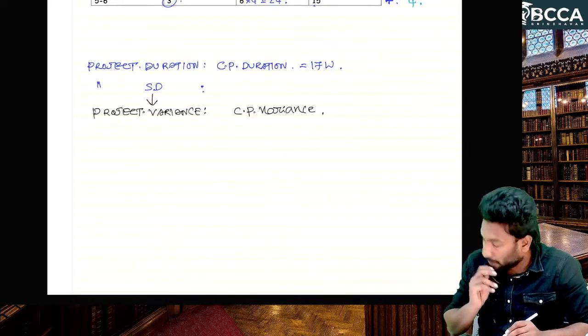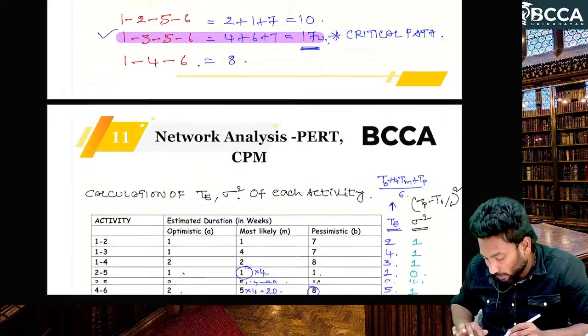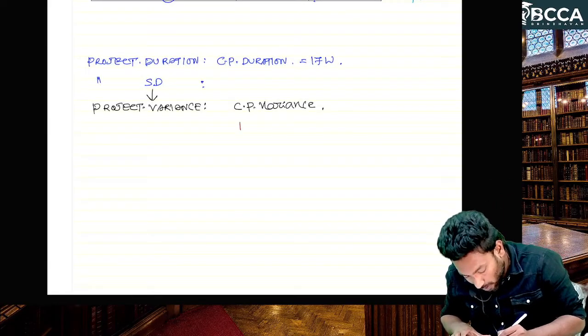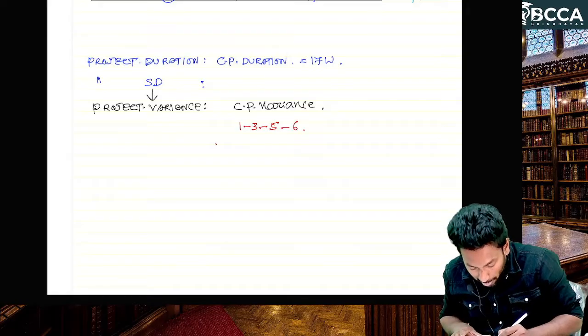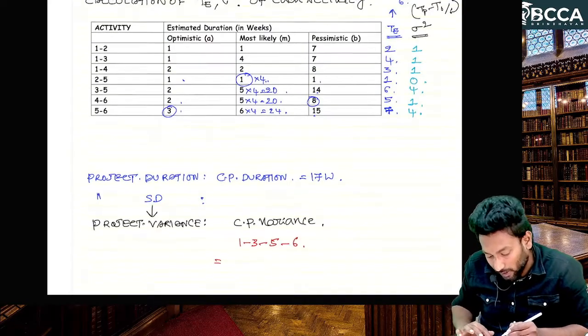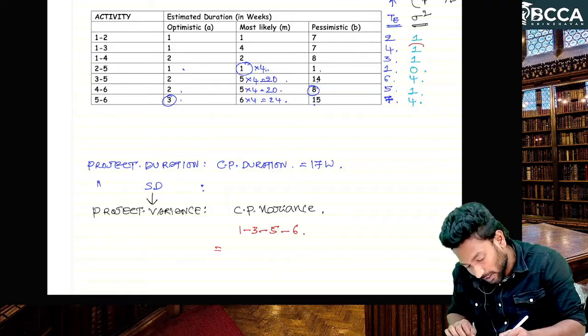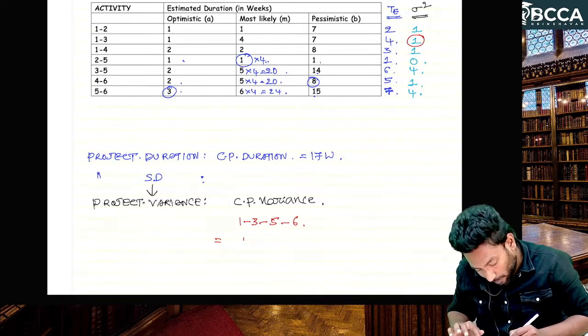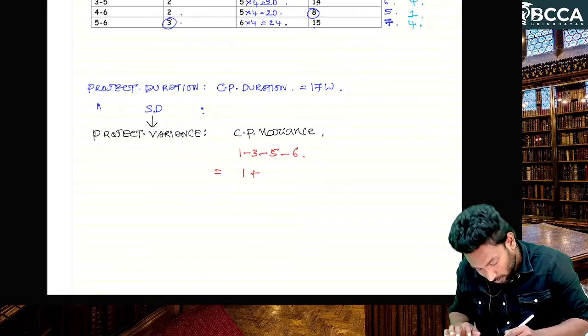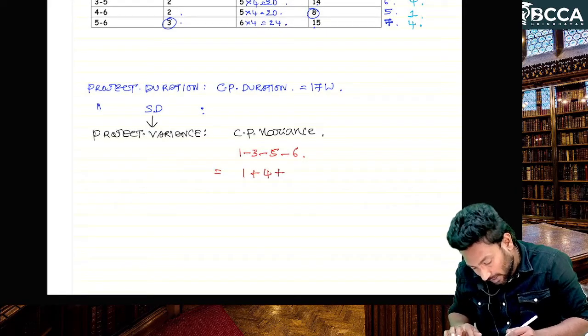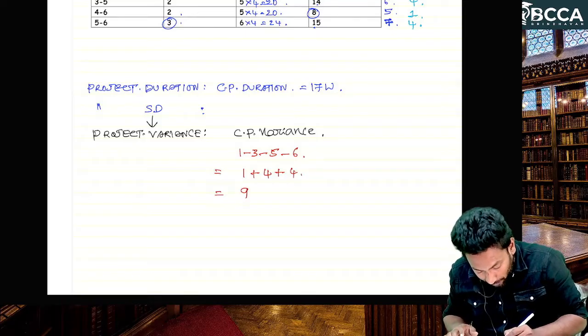What is the critical path here, sir? 1 3 5 6, right? For each activity, 1 3, what is the variance? For 1 3 variance is 1, for 3 5 variance is 4, for 5 6 variance is 4, so total variance is 9.